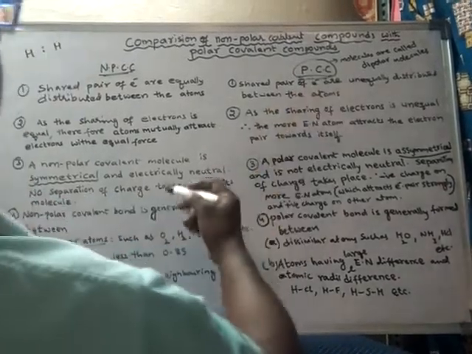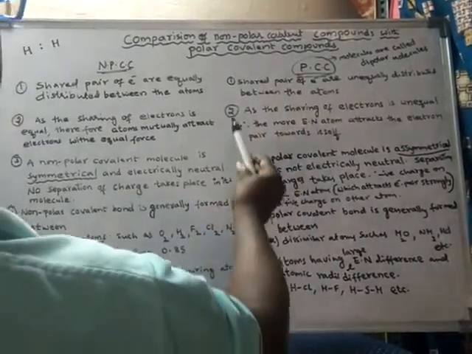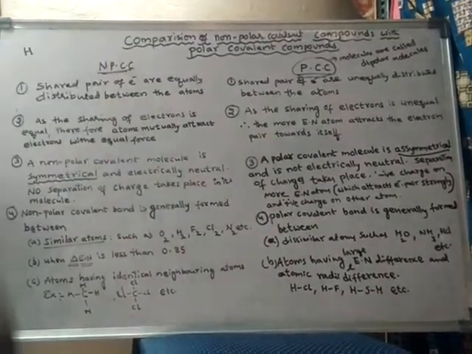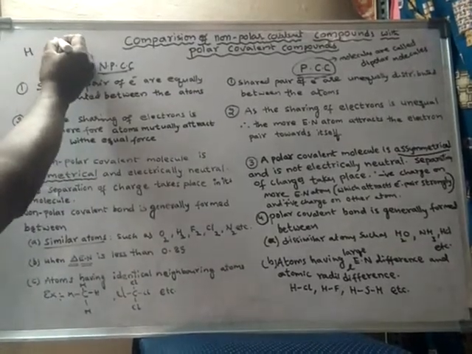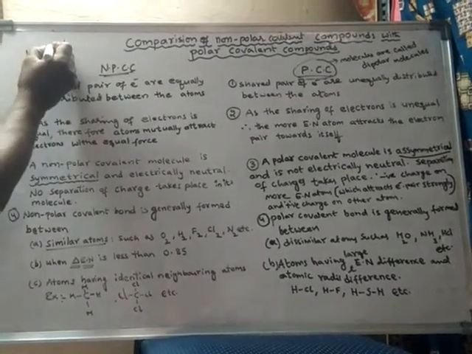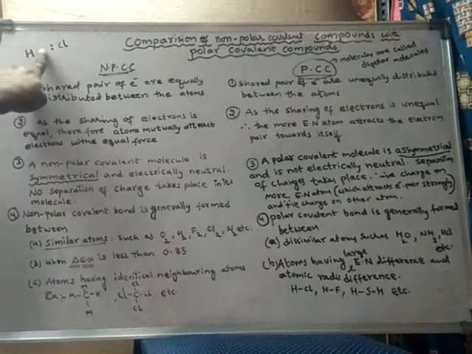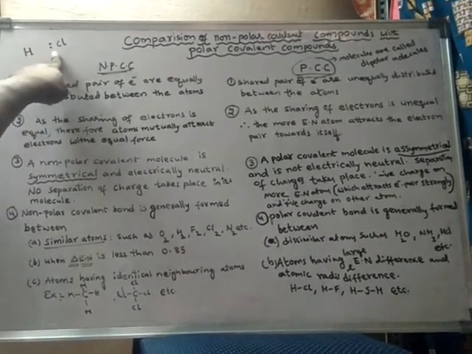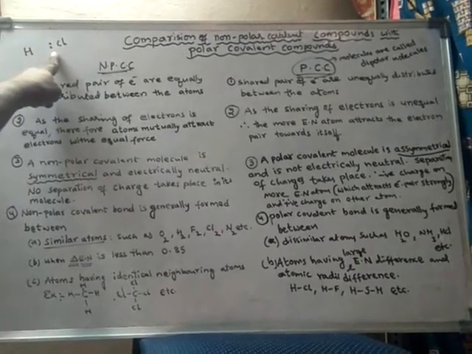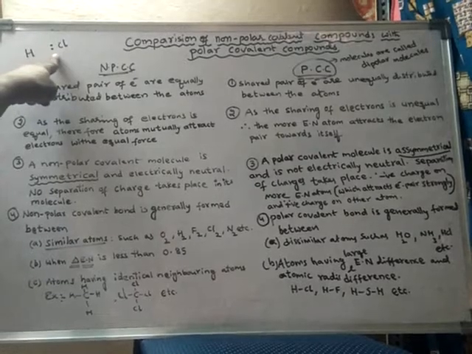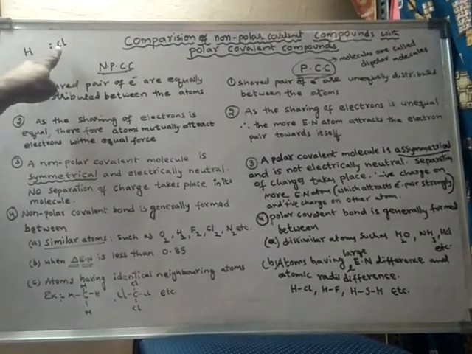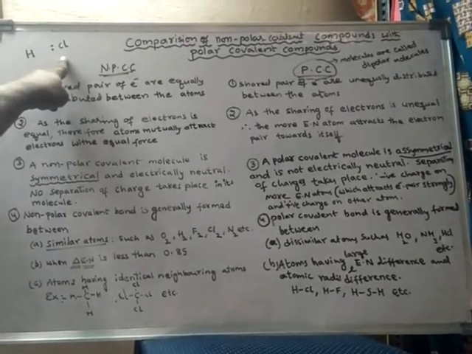Now polar covalent compounds. The shared pair of electrons is unequally distributed between the atoms. For example, if you take the HCl molecule, the electron pair is distributed more towards chlorine than to hydrogen.